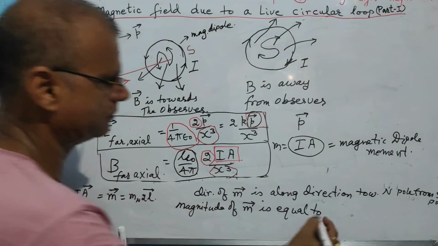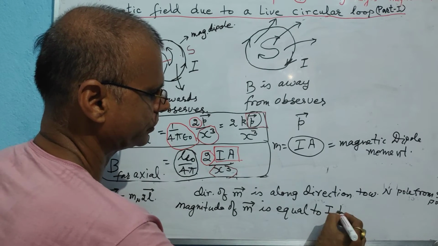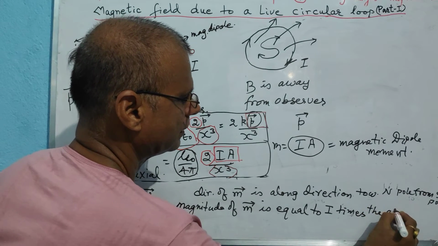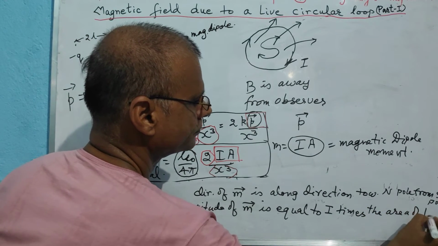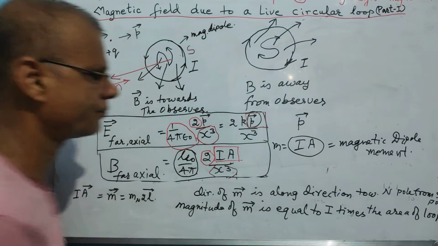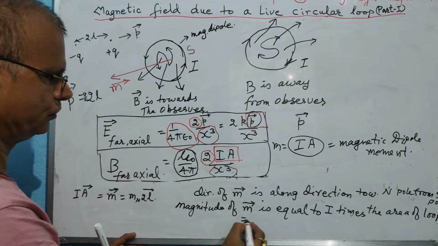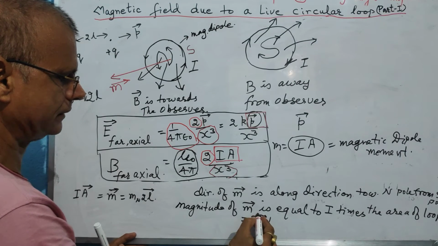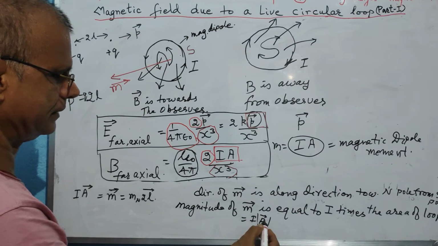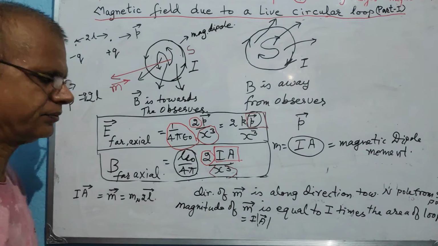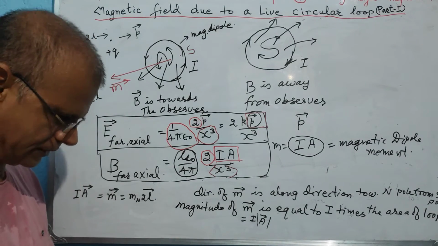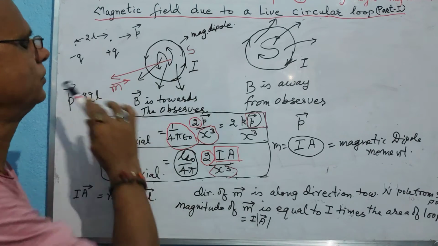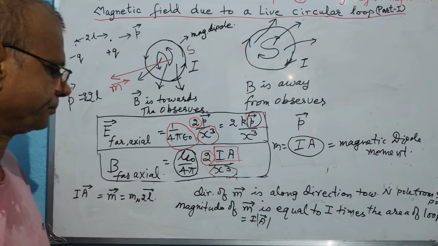So that means it is equal to I times the area of loop, that is equal to Ia. Direction of area vector gives the direction of magnetic dipole moment. And what is the direction of area vector? It is taken from South to North Pole.